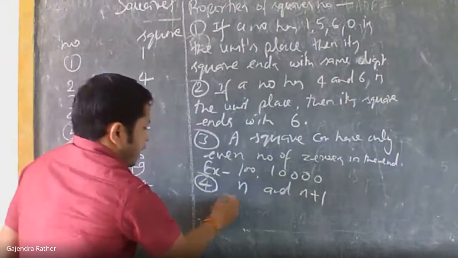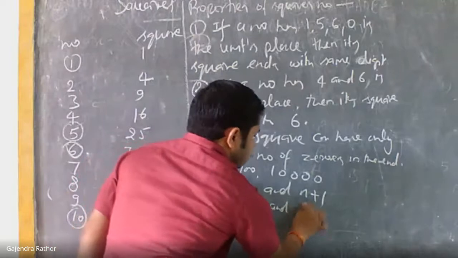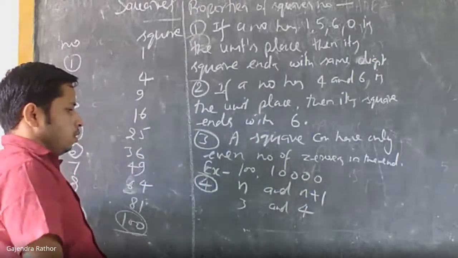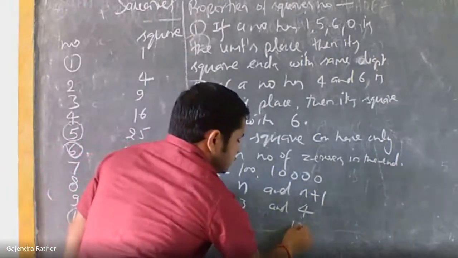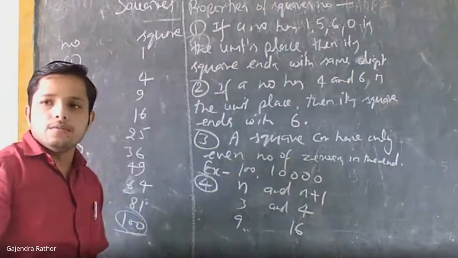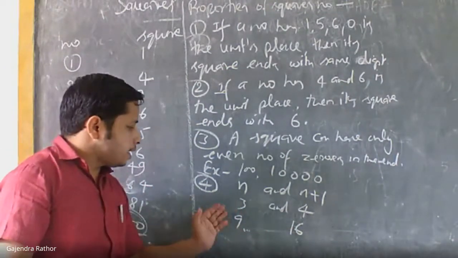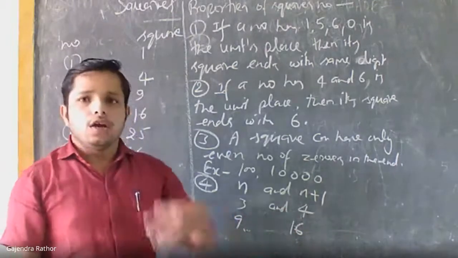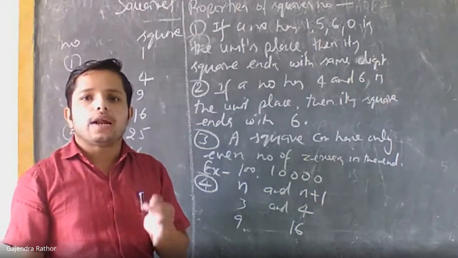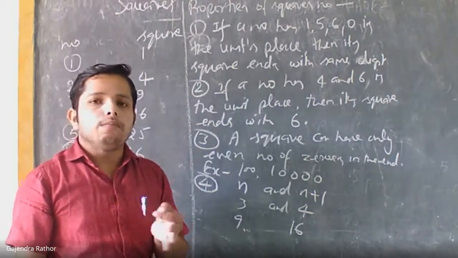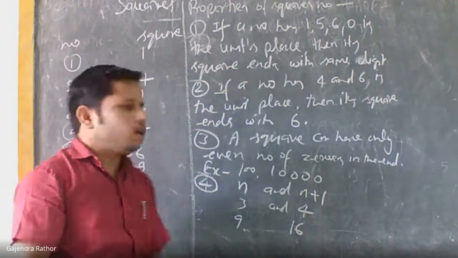For example, take n equal to 3, and 3 plus 1 is 4. So what is the square of 3? 9. The square of 4 is 16. Now, without any calculating or writing the numbers from 9 to 16, if we have to find how many non-perfect square numbers lie between 9 and 16, there is one value given, 2n.